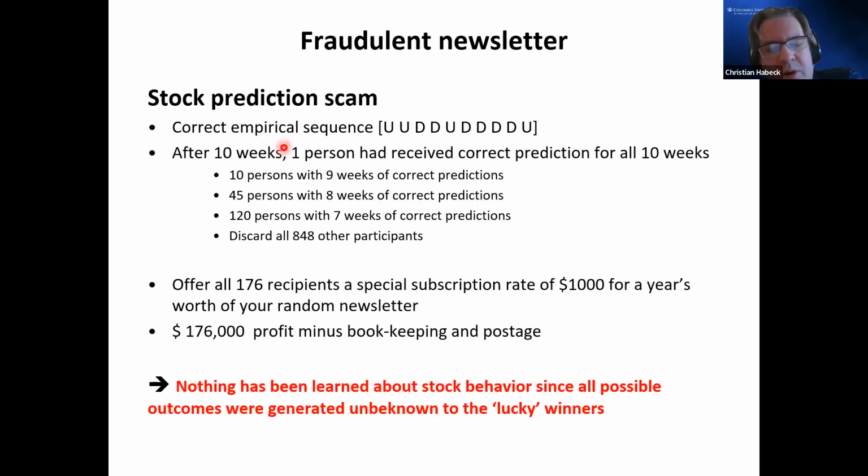So just by pure luck, dumb luck, one person will have received the correct prediction for all 10 weeks. 10 people will get 9 weeks of correct predictions, 45 will have 8 weeks of correct predictions, and 120 will have 7 weeks of correct predictions. And let's take all the other ones. Let's discard them. We're not going to bother with them, but we did good bookkeeping. We know who these people are, and we offer all of them the special subscription rate, right?